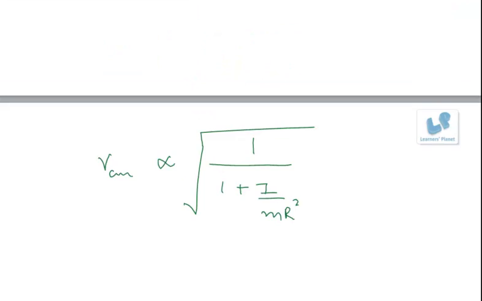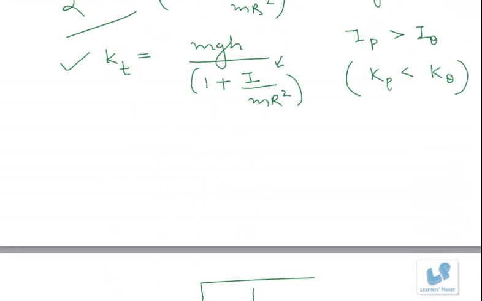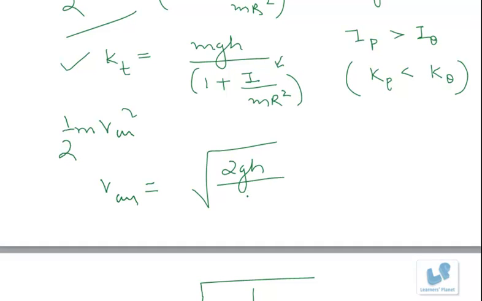We have just found out that the velocity of center of mass is a function of something upon 1 plus I upon mr square, with under root. Because if we put the value of kinetic energy as half m vcm square, we'll get the value of vcm as under root of 2gh upon 1 plus I upon mr square.